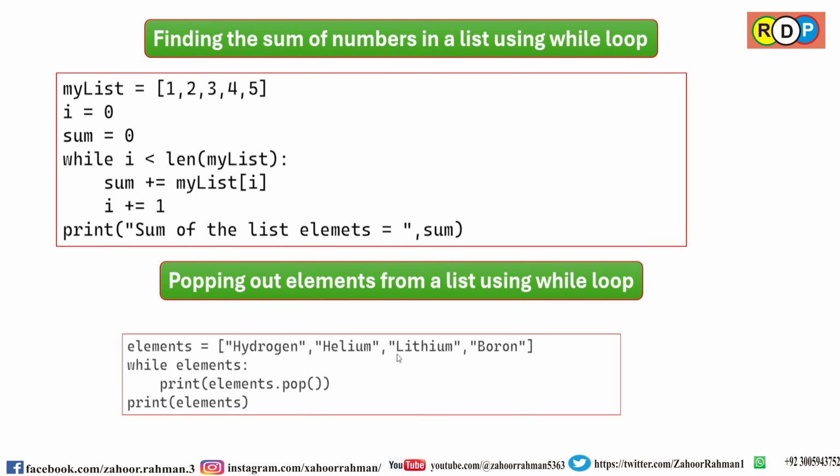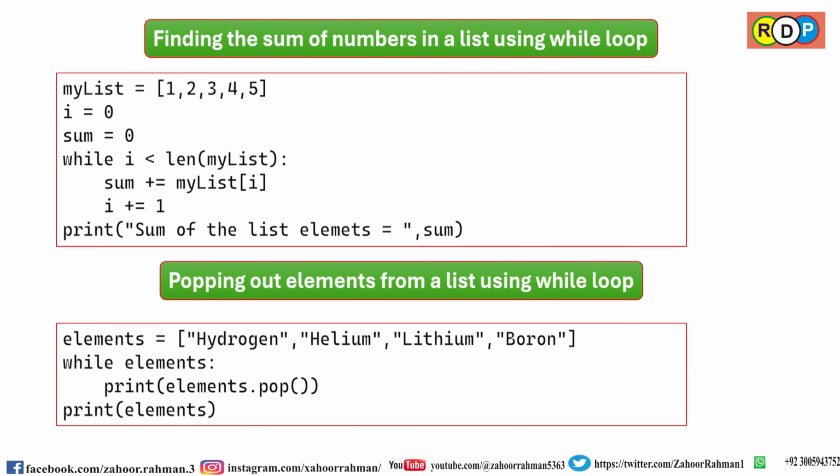Let's write this program as well. I'm taking first the elements, a variable in which four elements are stored. One is hydrogen, the second is helium, the third is lithium, and the fourth is boron. While elements, it means that until the list is non-empty, print the element, and pop is a function which automatically gets the last value.